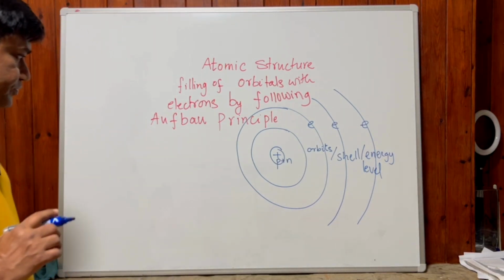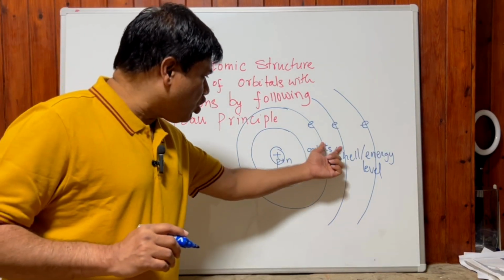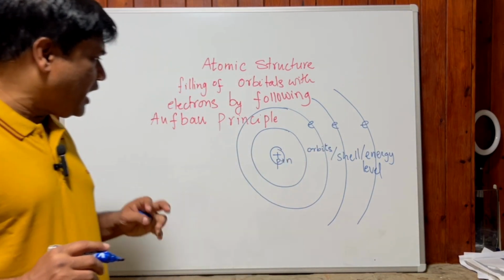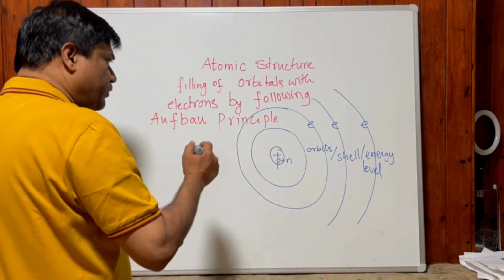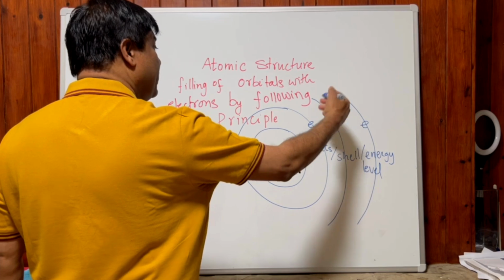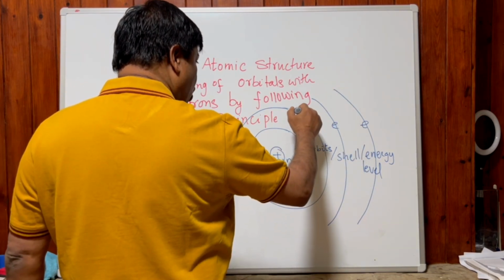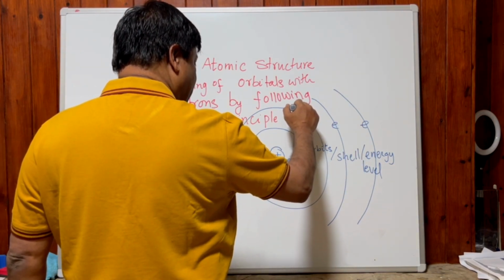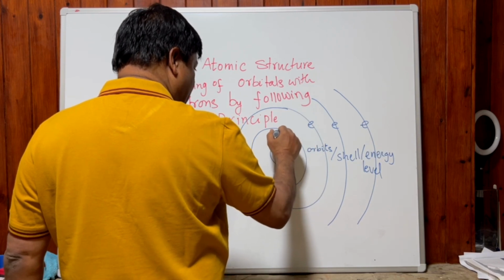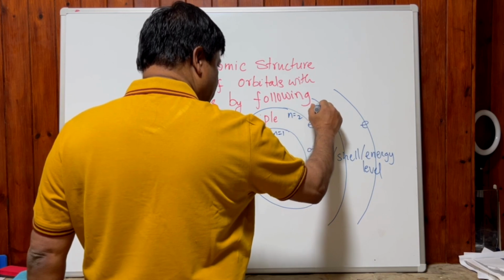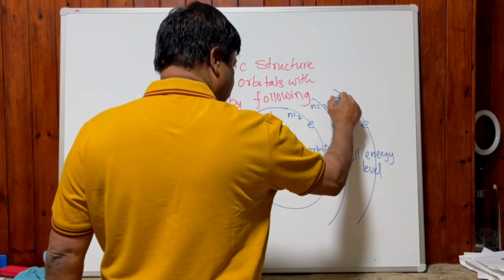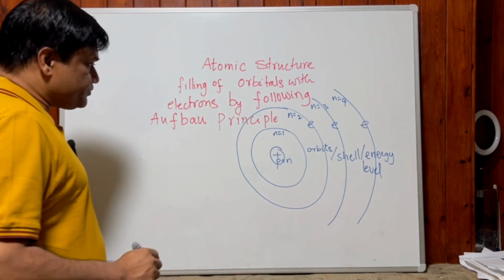Now see that each orbit has many subshells. In the orbit, we number and name the orbits. We number them as n equals 1, n equals 2, n equals 3, n equals 4.